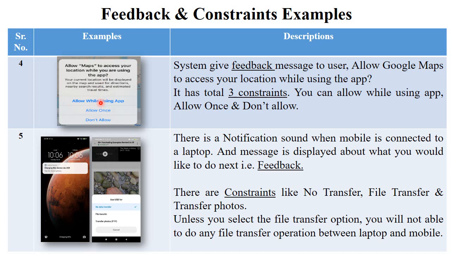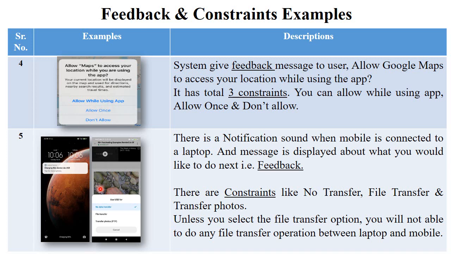But there are three options, or three constraints, if you want to share the location: allow location sharing while using the app, allow once, or don't allow. So these three are called constraints and this message is called feedback. And you need to follow a particular rule as per your requirement.